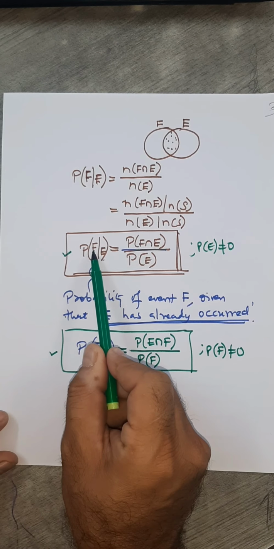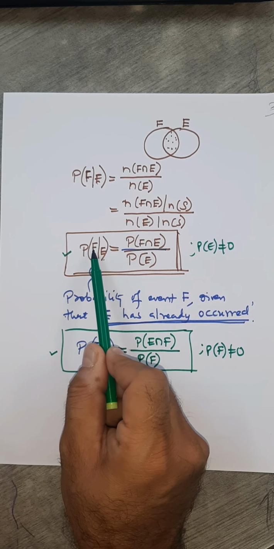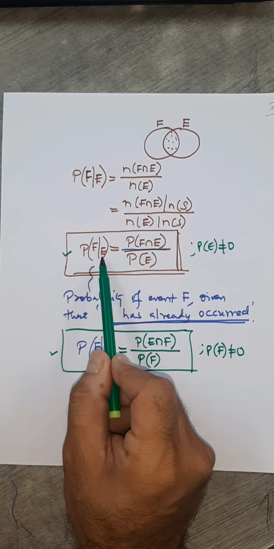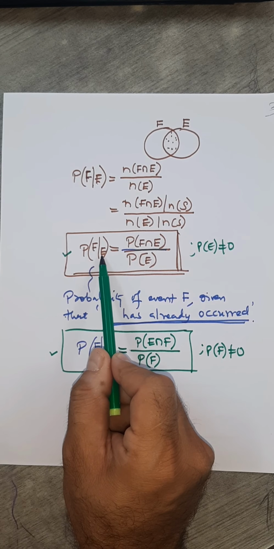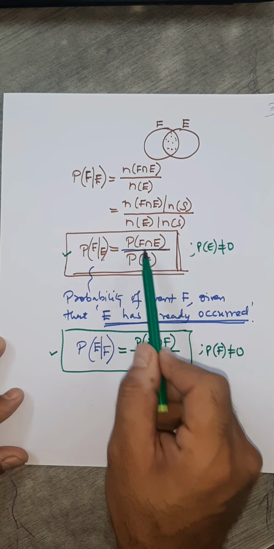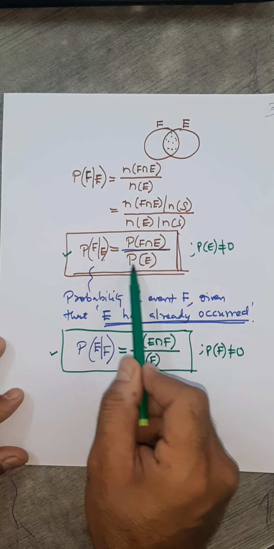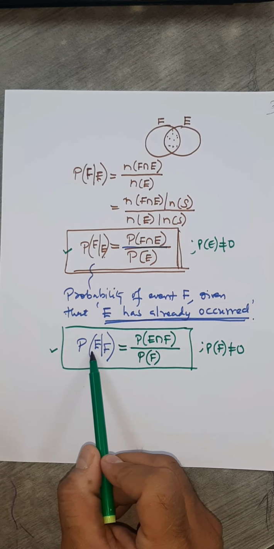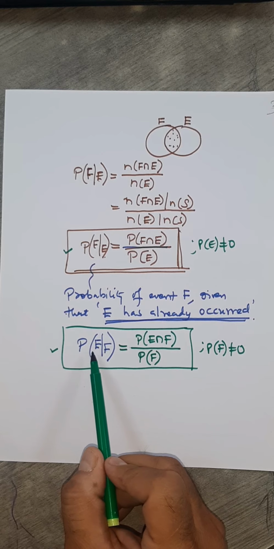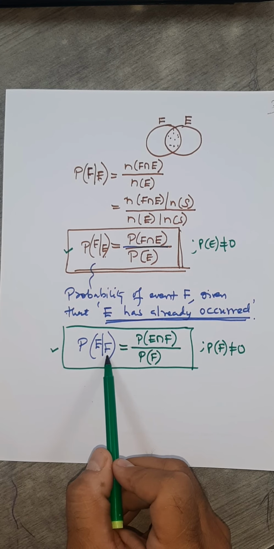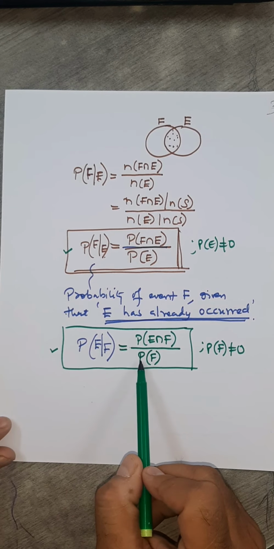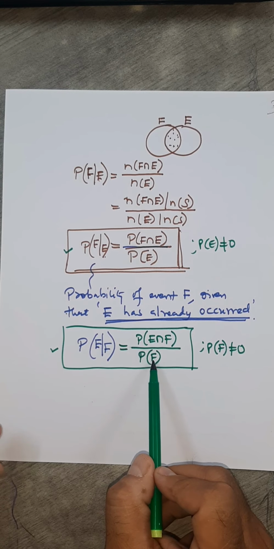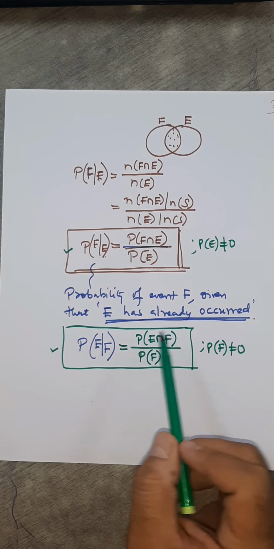Probability of F, you are finding the probability of F only, but considering E as a sample space, and it is given by this expression, intersection over probability of E. Here you are finding the probability of E, but considering F as a sample space. So in the denominator you have P of F, and in the numerator you have the intersection.